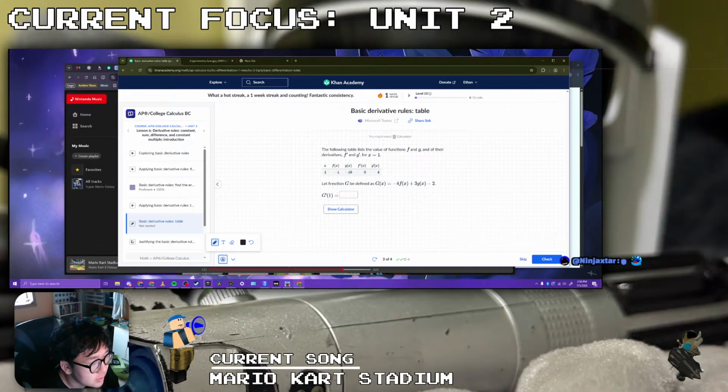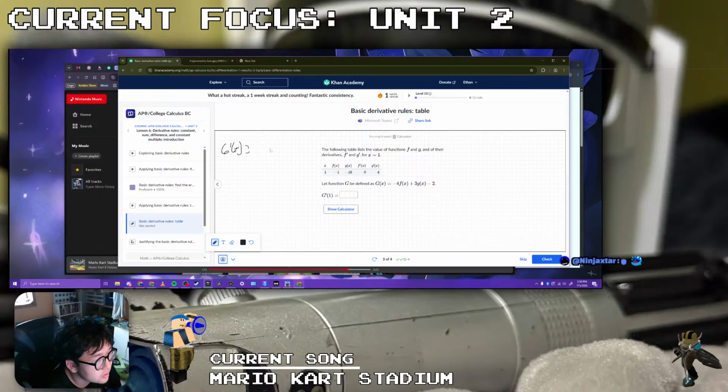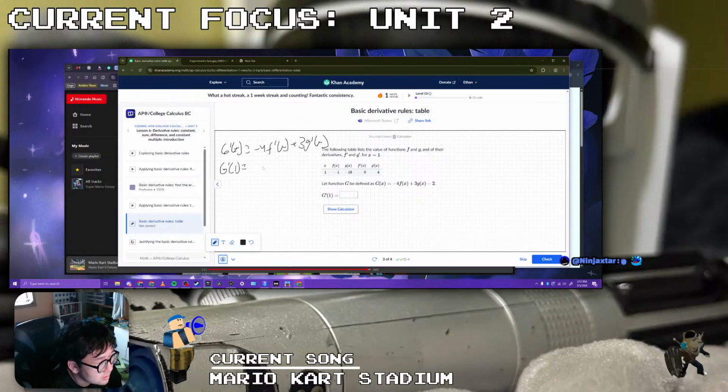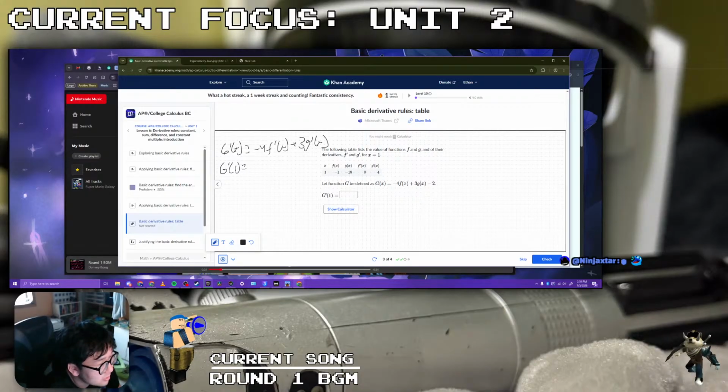Let G be defined. Okay. So G prime is just going to equal negative 4 f of x plus 3g of x. So my g's look like 6s, and that's a problem sometimes. It's been a problem, I think, in certain math contexts and science, because those are usually where numbers and words mix. Oh, probably the FRQs. I'm sure I had a problem with that at some point.